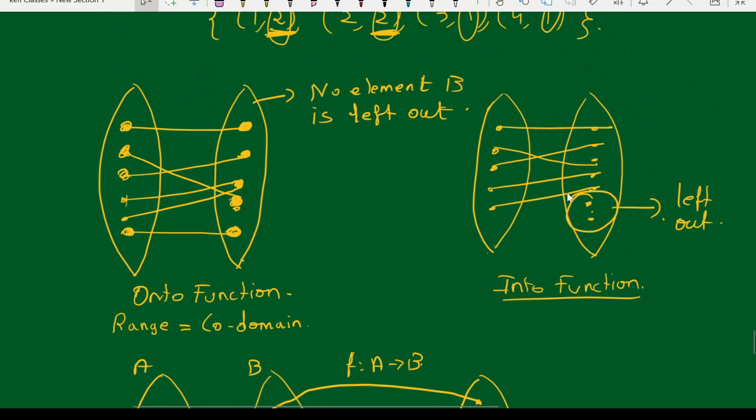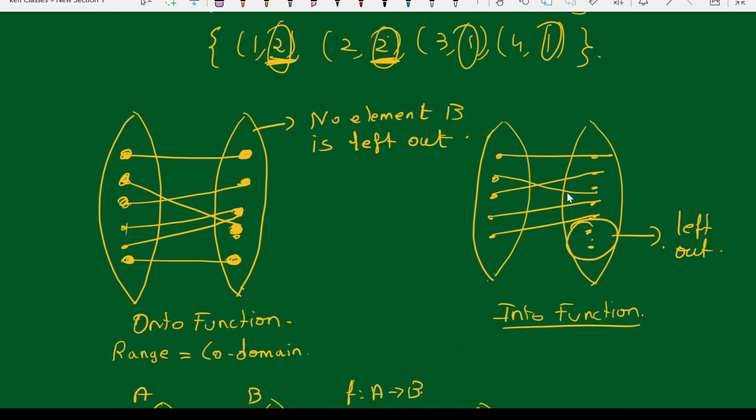Let's check this one. Now you tell me, if you go in the opposite direction, will it be a function? It won't be. Why? Because these two elements will be left out. These two elements are not going in that direction. They should go in the other direction also, but they are not going.